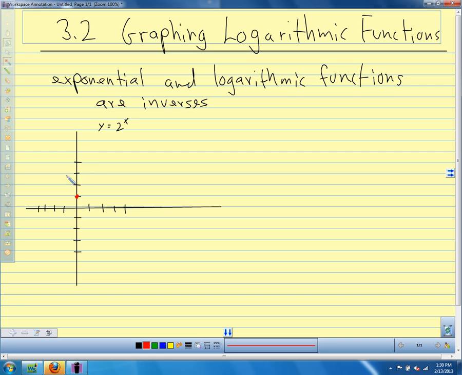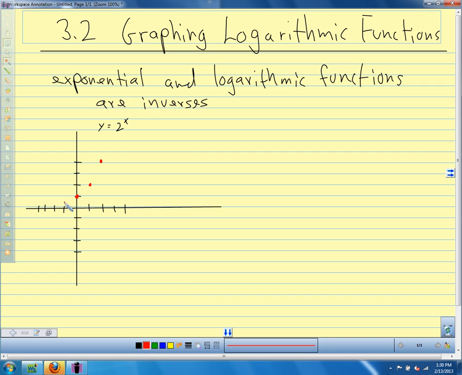And we'll just plot some points. When x equals 1, 2 to the 1 is 2, so y is going to be 2. When x equals 2, we get 2 to the second power, or 4, so we're going to be up here at 4, and when x equals negative 1, we get 1 over 2, or 1/2.